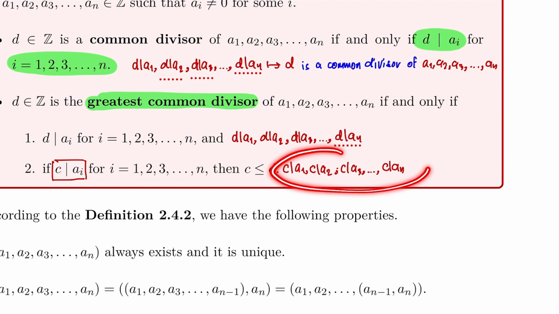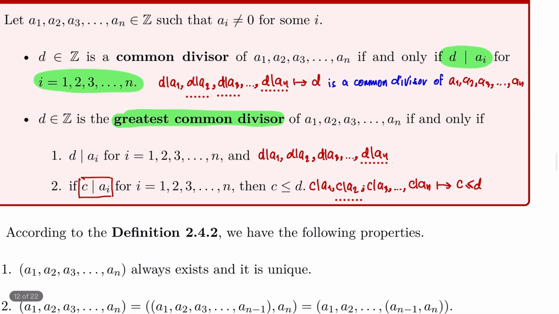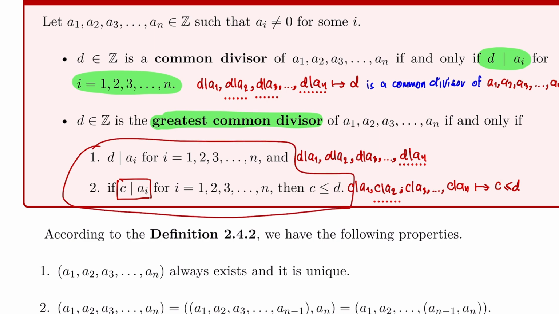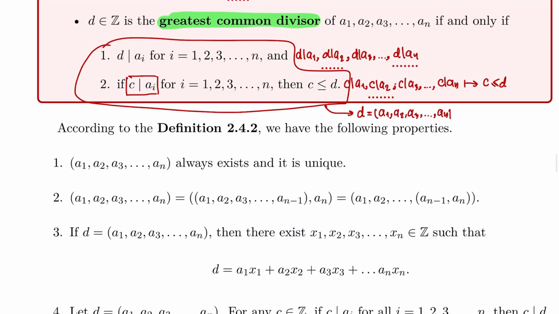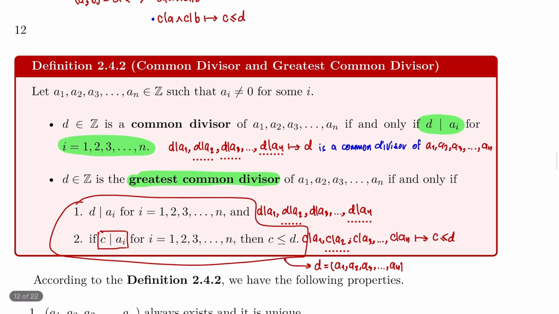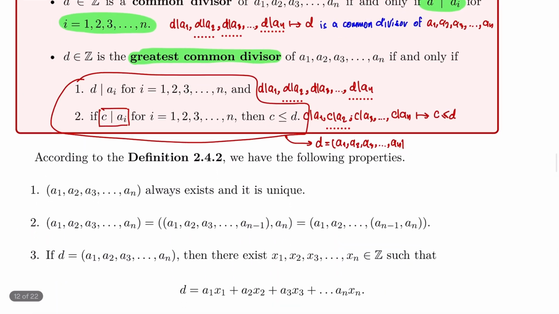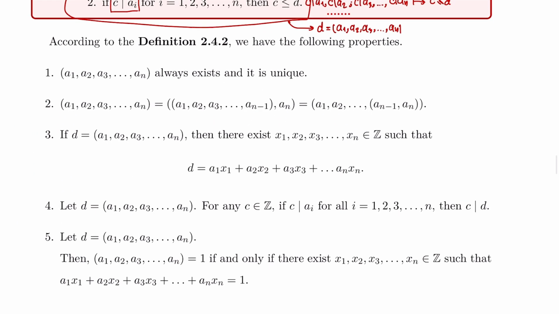If you assume this, that C divides all the numbers from a1 to an, C must be less than or equal to D. From these two properties, we get D is going to be the greatest common divisor of a1, a2, a3, all the way to an.